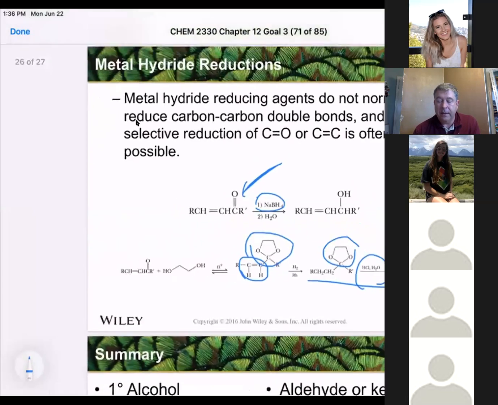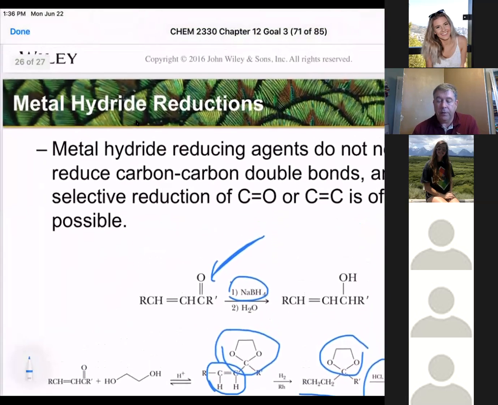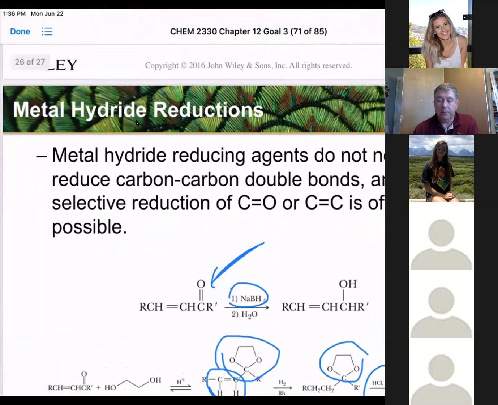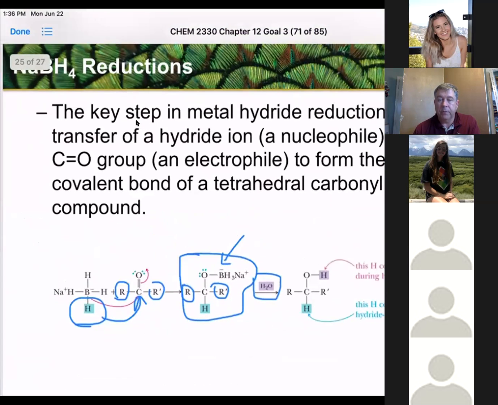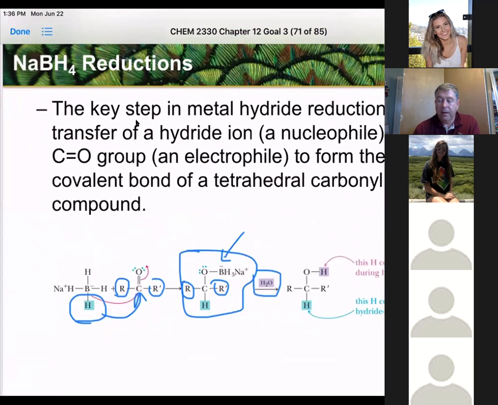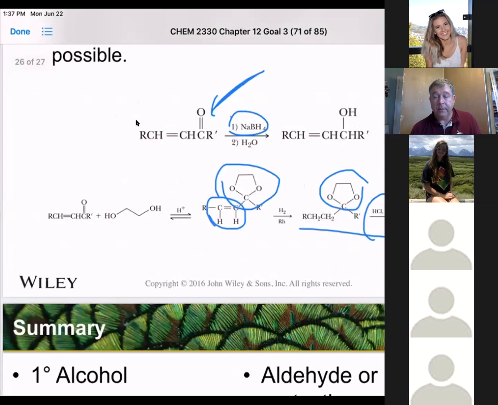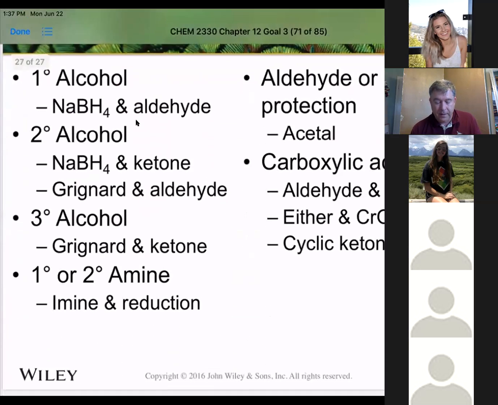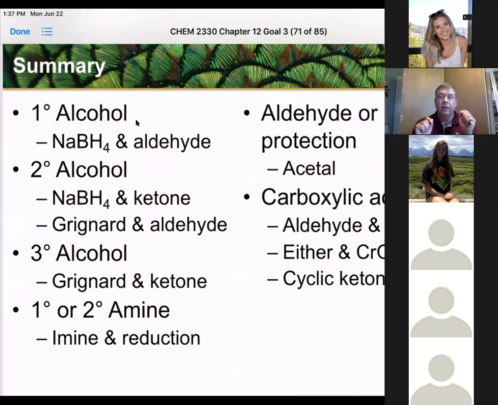So the key here is that when we reduce down carbonyls, we use sodium borohydride or lithium aluminum hydride. When we react carbonyls with Grignard reagents, we get primary alcohols with formaldehyde. We get secondary alcohols with all other aldehydes, and we have tertiary alcohols with ketones, okay?